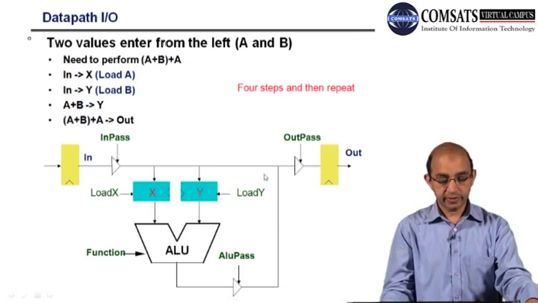Whenever we want to take the output, it has to be moved here. This is again a storage element. So we need to perform 1, 2, 3, 4 steps in order to perform this.